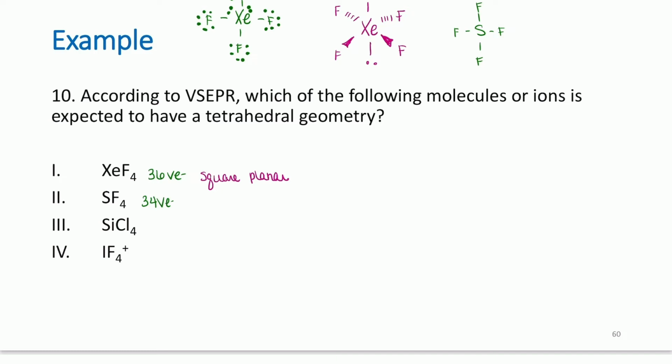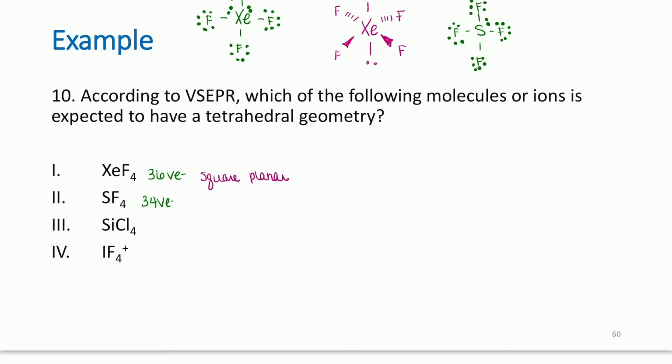Add your octets on your outer atoms. So I've used up 8 electrons so far, 10, 12, 14, 16, 18, 20, 22, 24, 26, 28, 30, 32. Got one lone pair on my central atom.